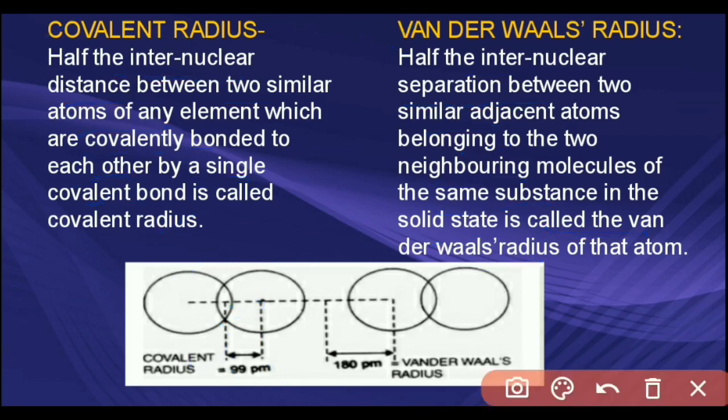Here two similar adjacent atoms belong to neighboring molecules, and the internuclear distance of the two adjacent atoms is this, and its half distance is called the van der Waals radius.